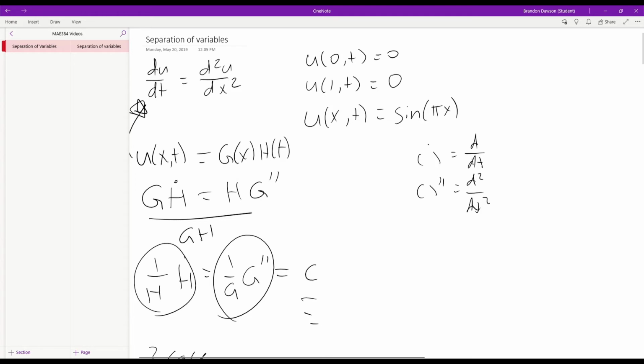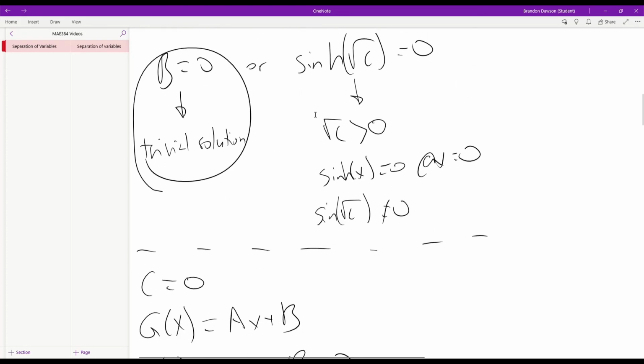Some variations of this that you might see in the future is maybe the boundary conditions are not Dirichlet conditions, but they're Neumann conditions instead, which just means that the derivative is equal to 0 instead of the actual endpoints equaling 0.